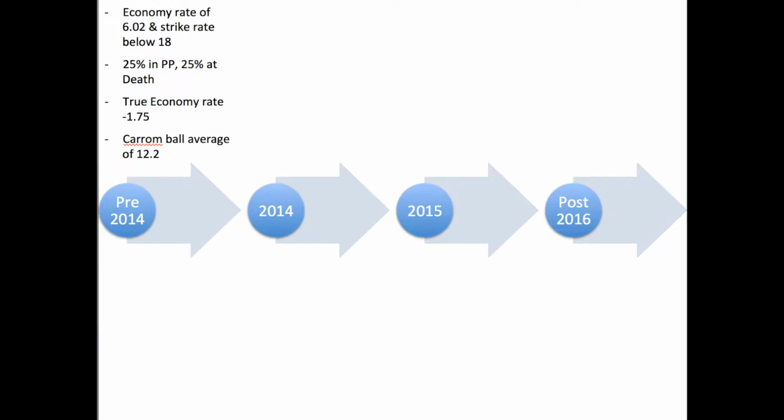So what their true economy rate is for these certain times of the game is compared to what the averages are in terms of economy rate across every bowler who's bowled those. So Sunil Narine's true economy rate is minus 1.75, which effectively means that he concedes 1.75 fewer runs in comparison to those other bowlers who bowl in those times. So there's some pretty unbelievable stats, really.